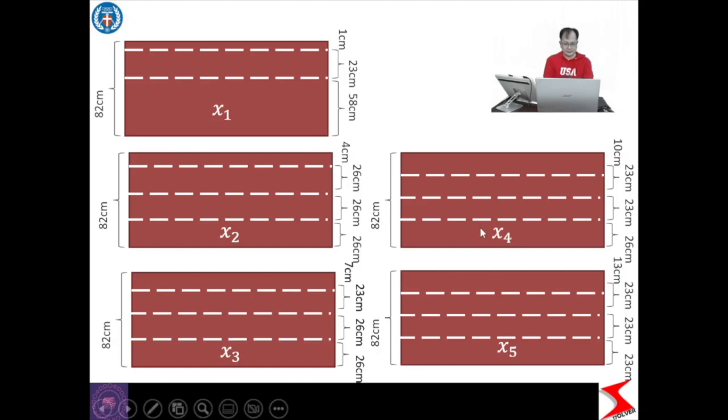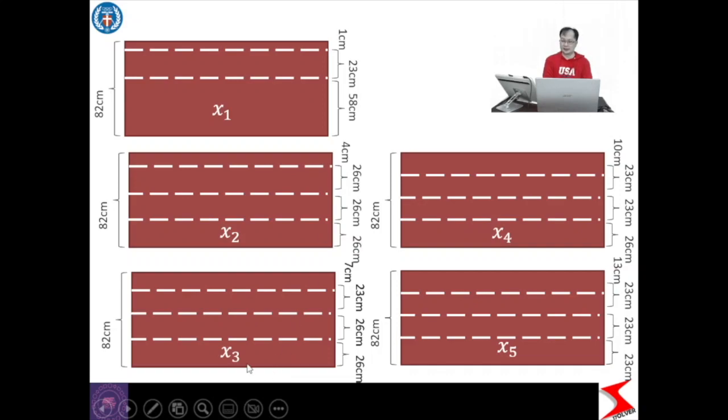Like this. If the paper roll is 82 centimeters, then we can cut it by 58, 23, and we have a 1 centimeter wide waste. And we can cut like the X2 method: we have 26 times 3, and we have a 4 centimeter wide waste.